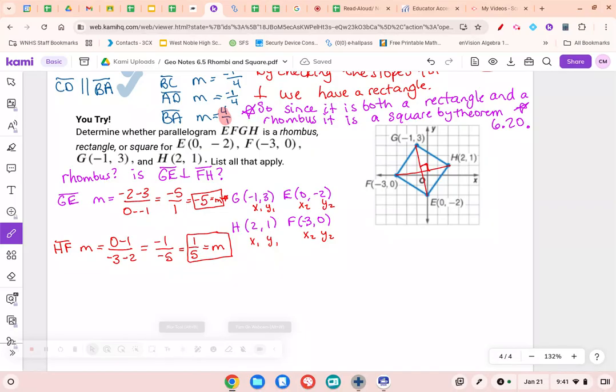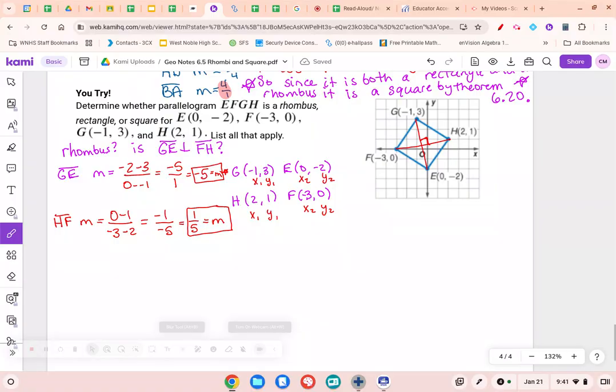And guys, -5 over 1 and 1 over 5 are the flipped version of each other and the opposite signs. So this does check out. We do have a rhombus. Yes, by theorem 6.17, it is a rhombus. The diagonals are perpendicular to each other.